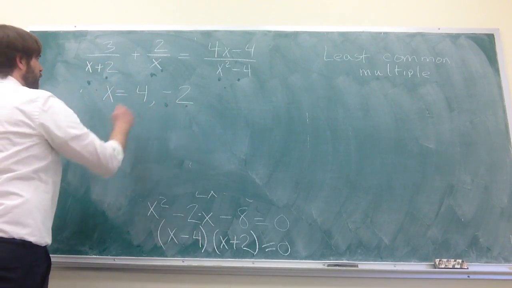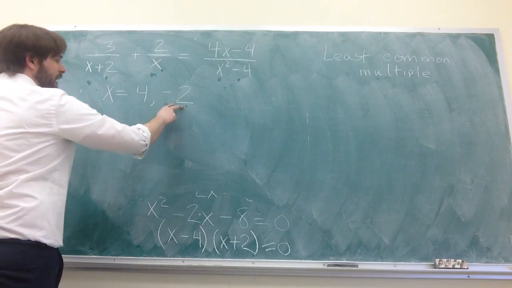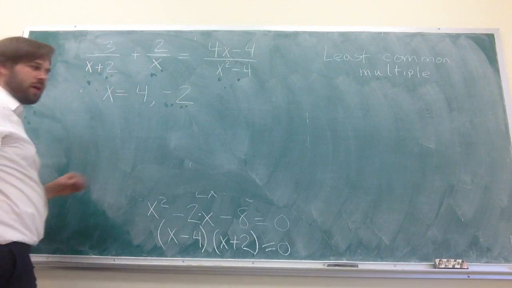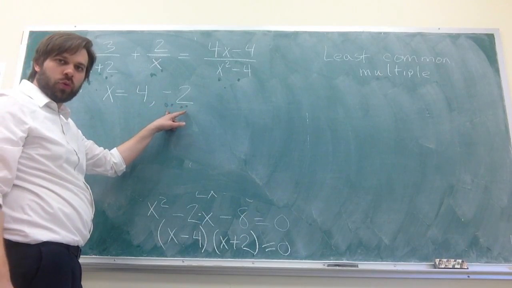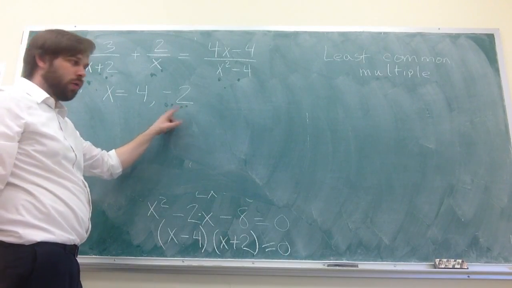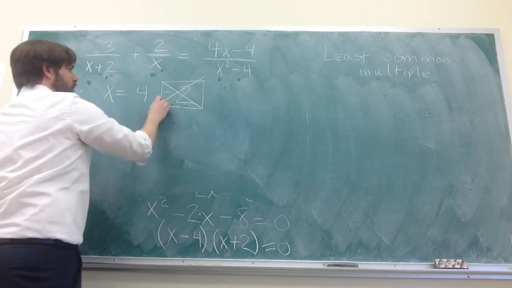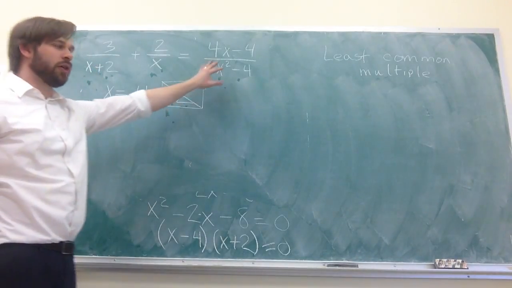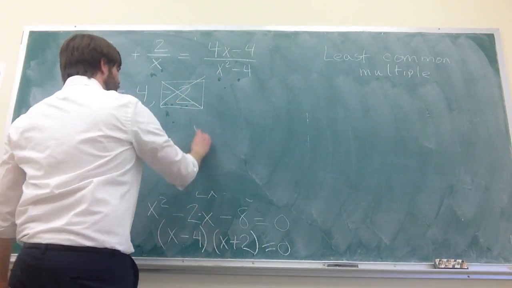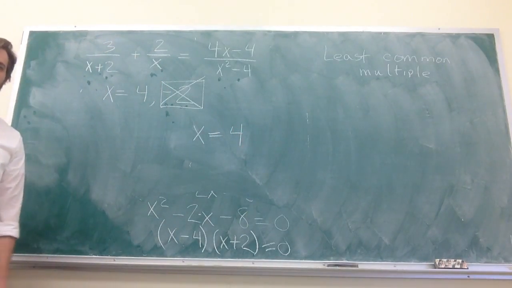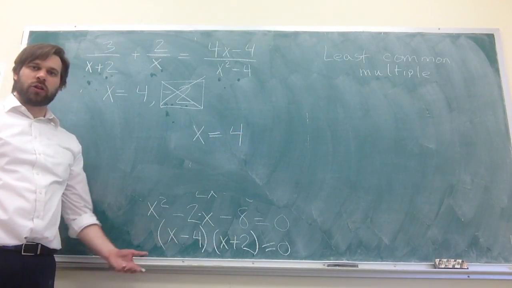Now if we plug in x equals negative 2, we're going to have a problem right away because negative 2 plus 2 is 0. So if x equals negative 2, we're going to divide by 0. So this answer is not going to work, and it would also not work on this side of the equation either. So we get one answer only. We get x equals 4 as our solution to this rational equation.